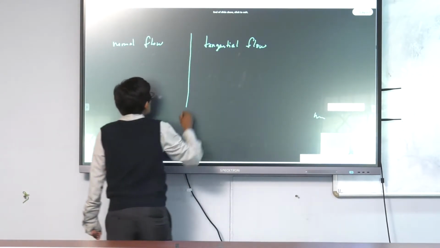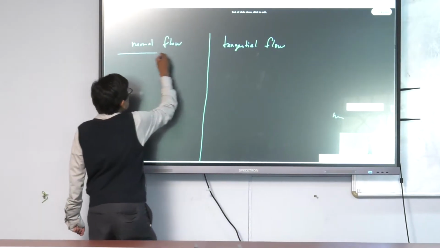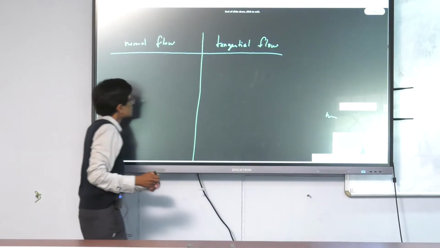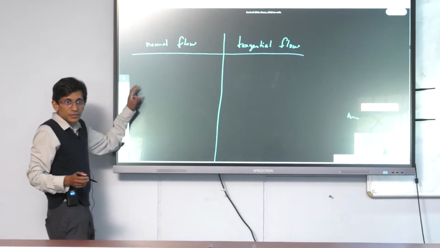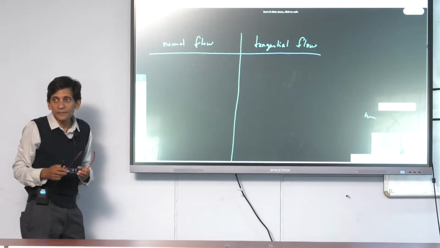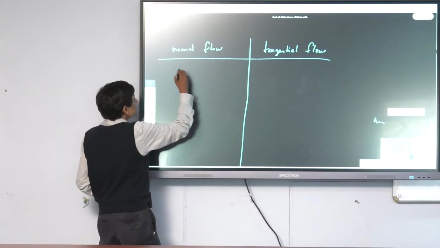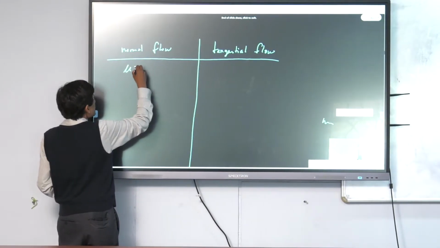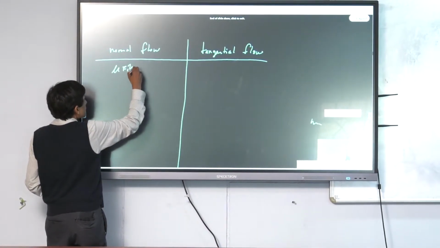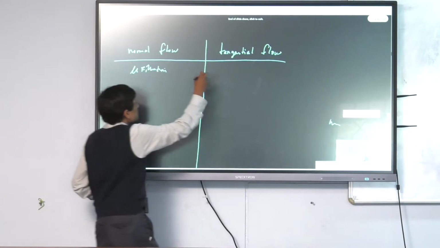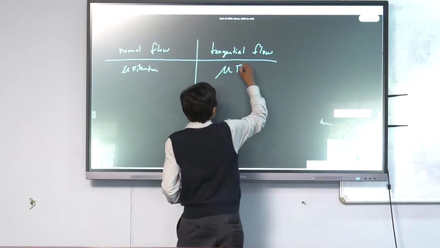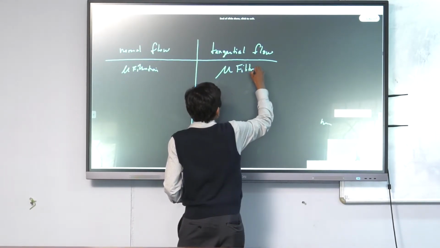So let's start to make a list here. So if we look at normal flow for microfiltration, can they be both used for microfiltration? Yes. Okay. So microfiltration. They're both used. Okay.